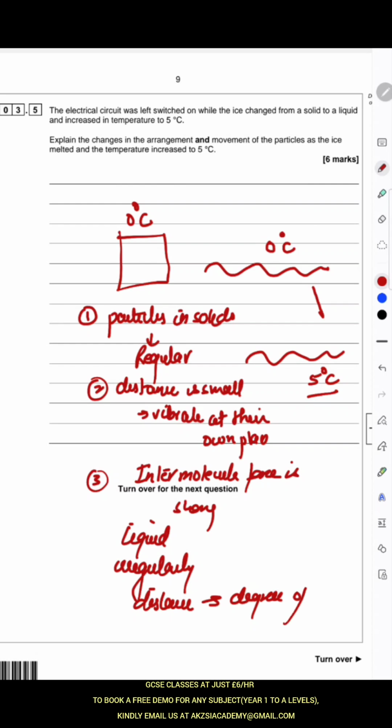They can move from one place to another. They don't move too much as compared to gases. In gases, the particles can move away from each other, but in liquid they can revolve and rotate around each other. And third, the intermolecular force is comparatively weaker as compared to the solid intermolecular force.